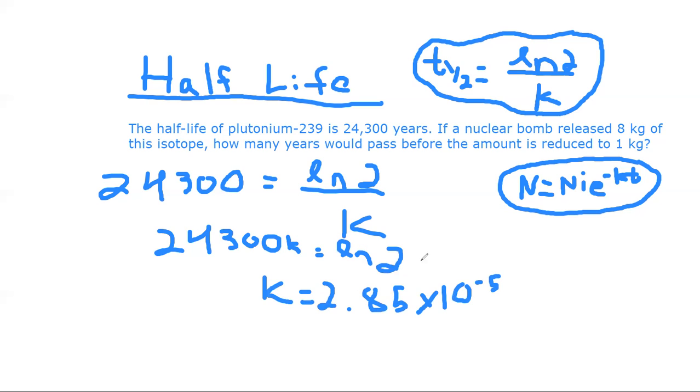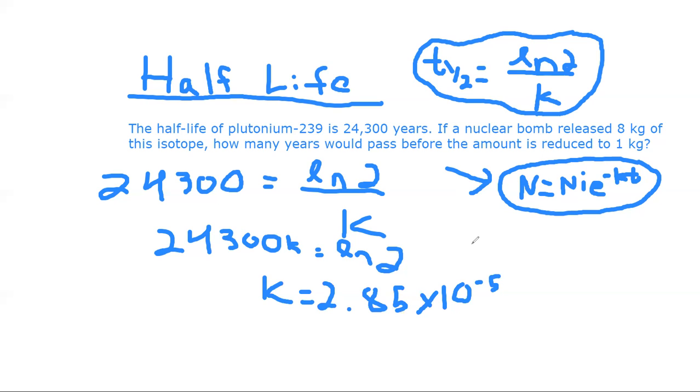And now that we have our k, we can plug it in to the bottom equation over here with the rest of the information in the problem to solve for the amount of time that would pass before it reaches the amount that it's asking for. So n is going to be the amount that it was reduced to.